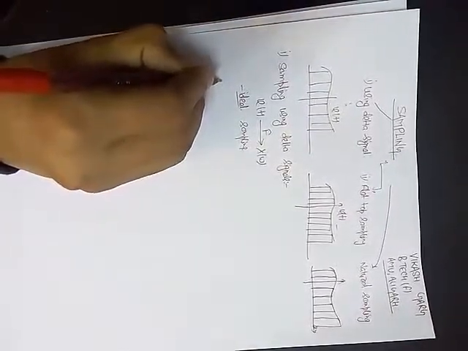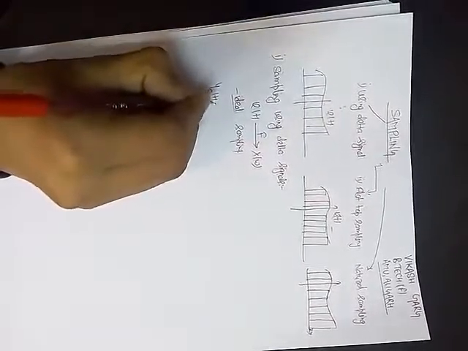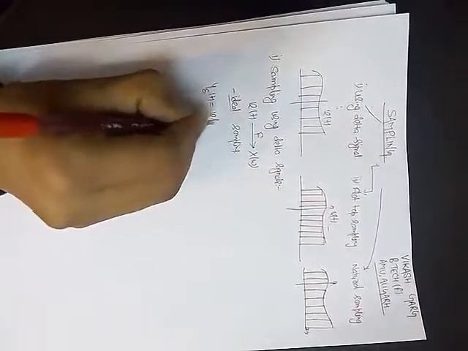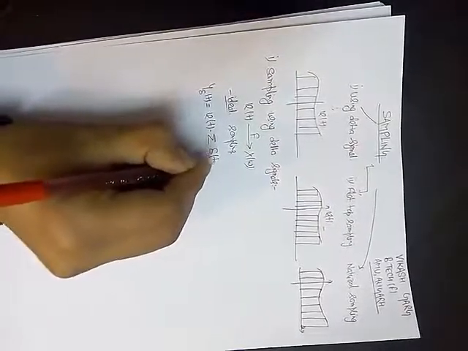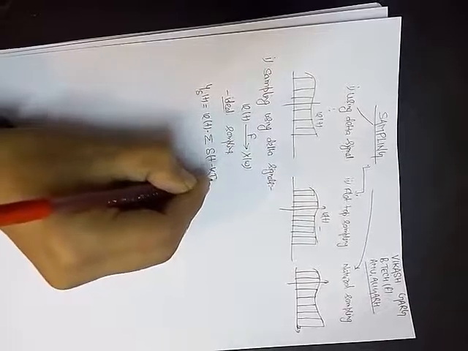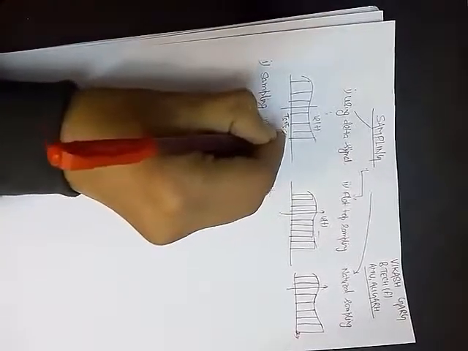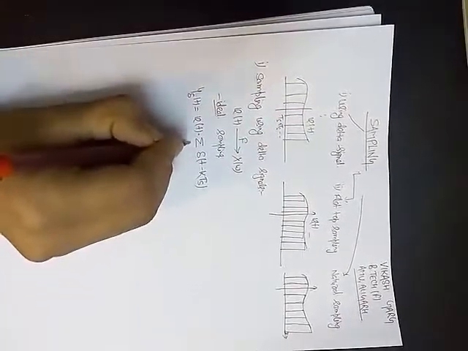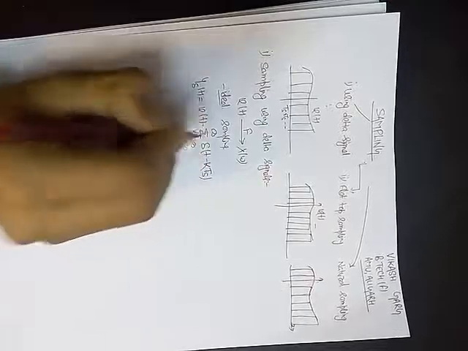The resulting sampled signal y_δ(t) will be x(t) multiplied by the summation of δ(t − kTs), with k from minus infinity to infinity, where the spacing is Ts, 2Ts, and so on.